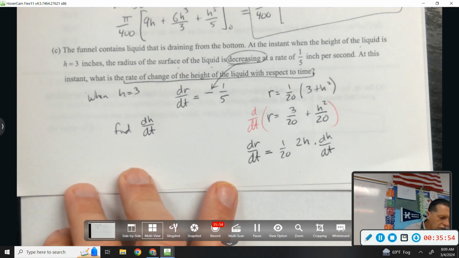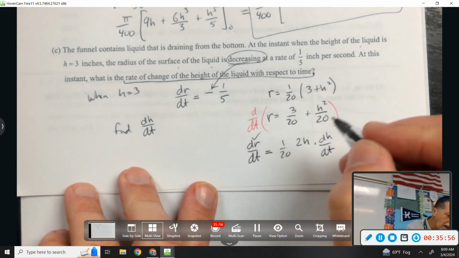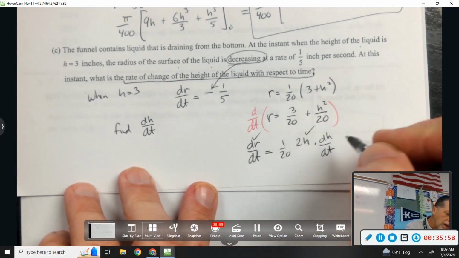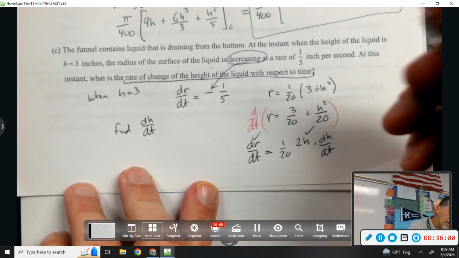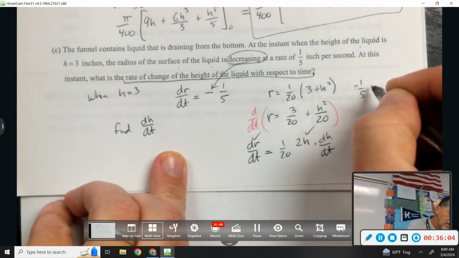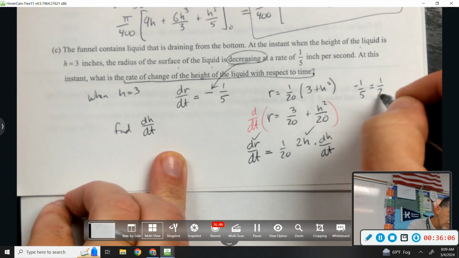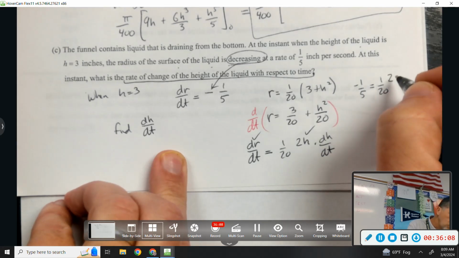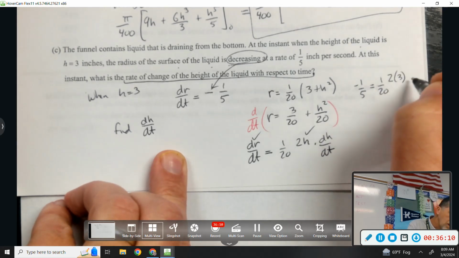Okay, do I have all these pieces? dr dt they gave me, h they gave me, and I'm trying to find dh dt. So dr dt is negative 1/5, equals 1/20th, 2 times 3, dh dt.